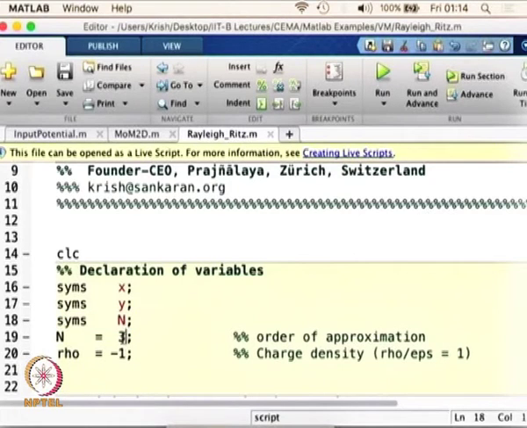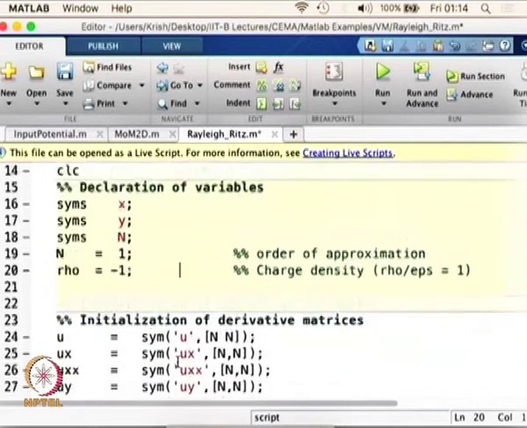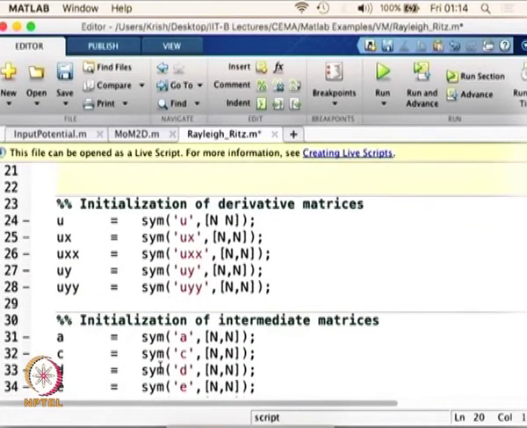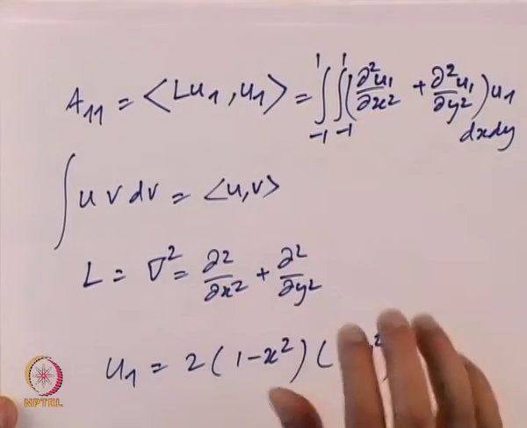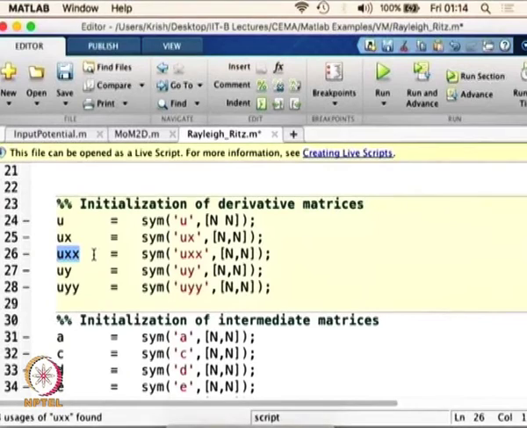For the first case we are going to put n equal to 1, and we are going to initialize the first derivative matrix and the second derivative matrix, because we need them in our expressions. So if you see this part, we have both the derivatives. We have to compute the second derivative, and in order to do that we have to compute the first derivative, and that is what we are doing here.